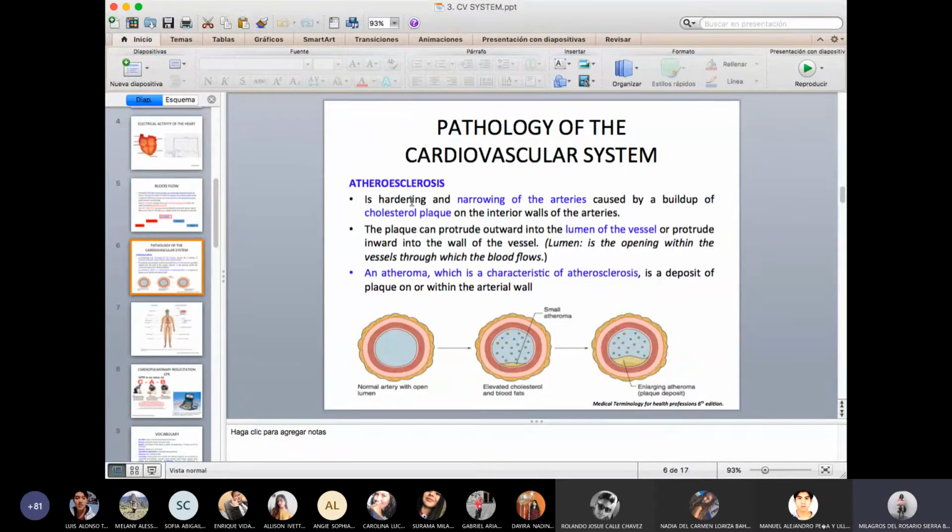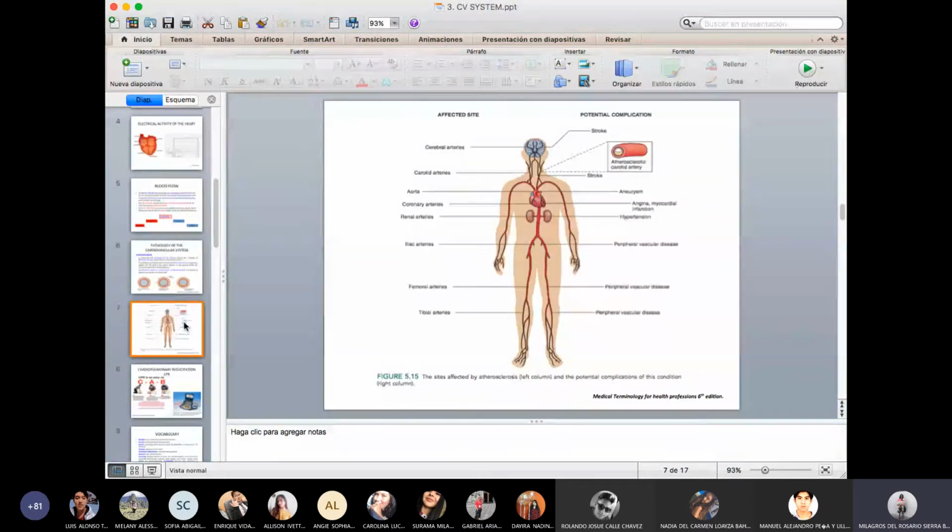This cholesterol plaque is called atheroma. So the symptoms are going to depend on where you have this atherosclerosis. For example, if it's in the heart, this can cause an angina. If it's in the brain, the low blood flow will cause a stroke.